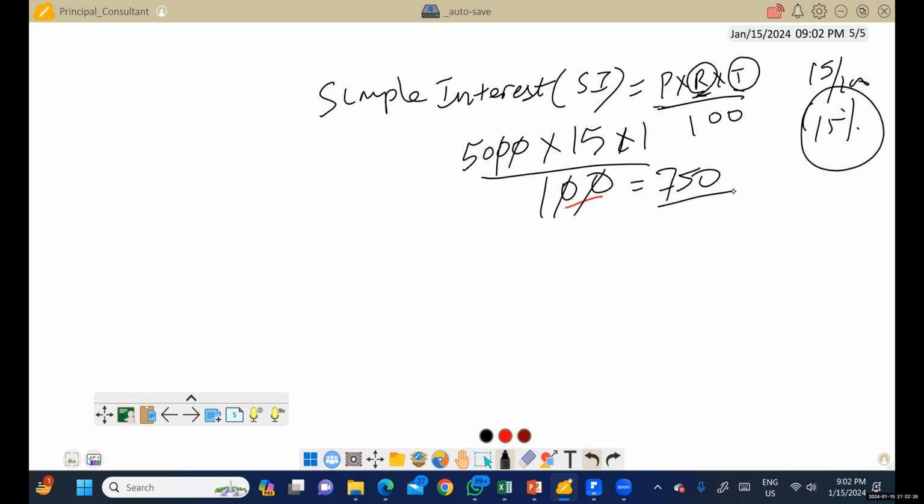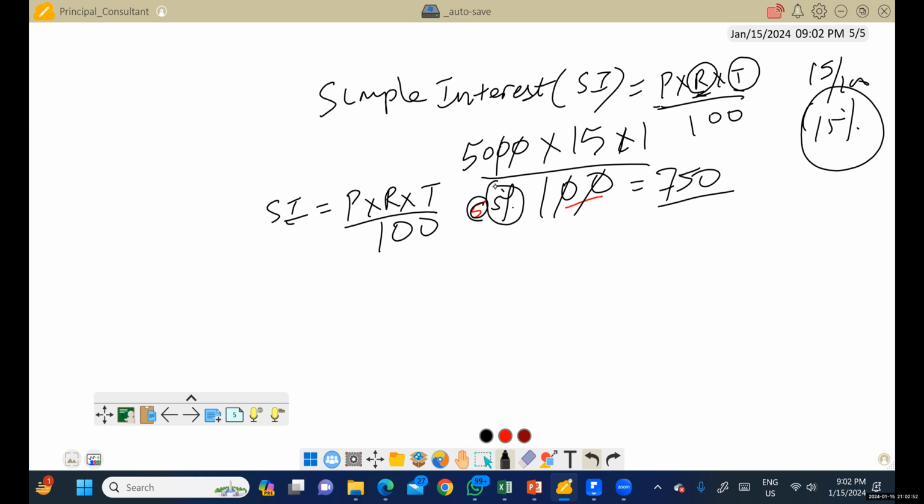Here we have to follow this simple formula: simple interest is equal to principal into rate into time, where time is in years, months, or quarters, whatever is given, over 100. The rate comes from the interest: when you say 5%, we are saying 5 over 100.